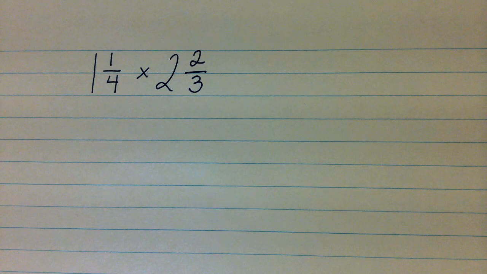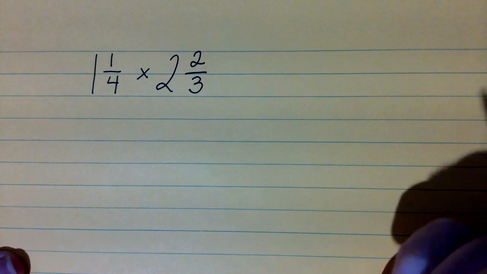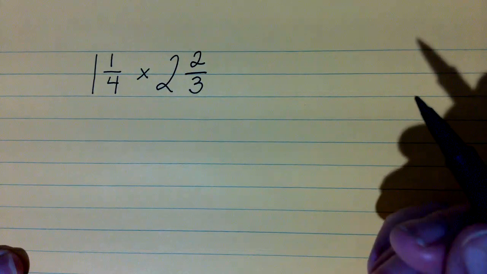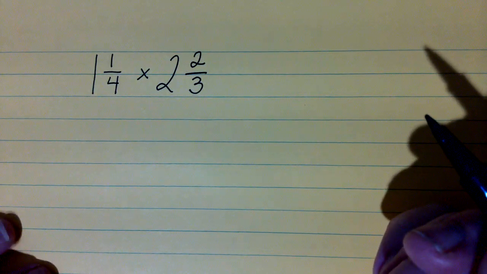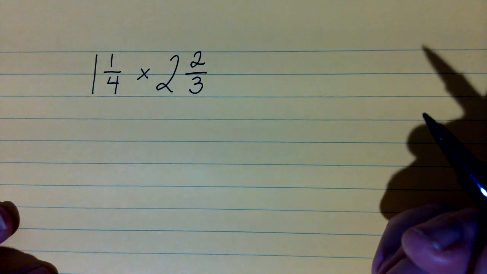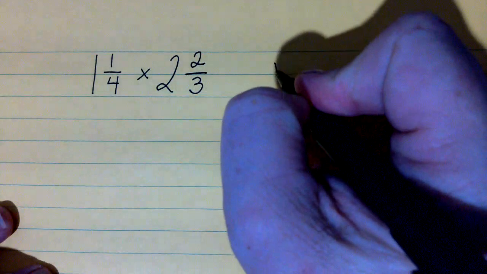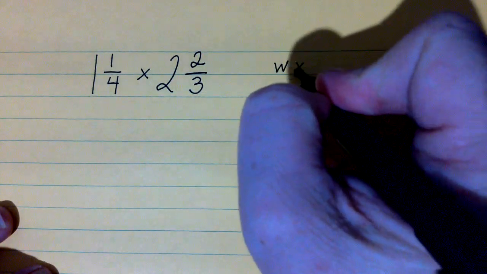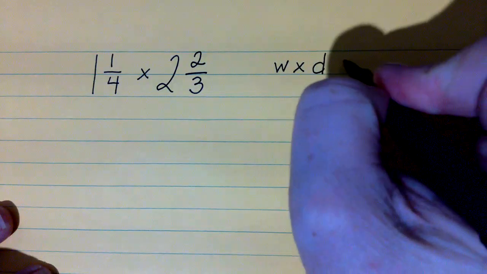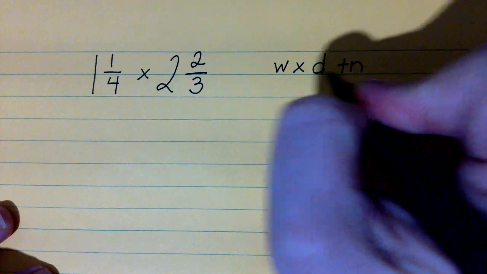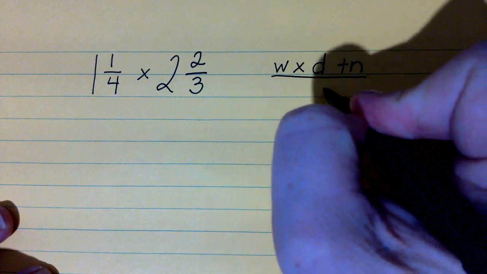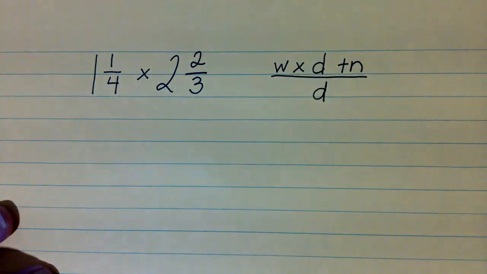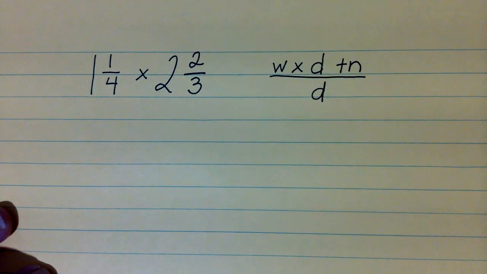If you said change both of these mixed numbers into an improper fraction, you are correct. And how do we do that? If you remember that it's the whole number times the denominator plus the numerator all over the denominator, you remembered correctly.